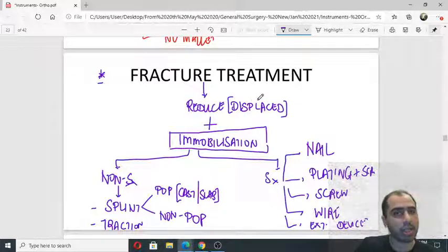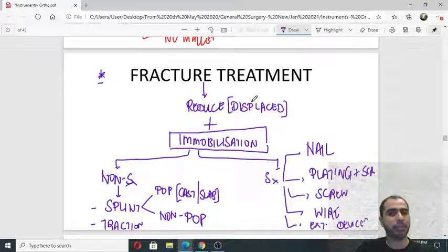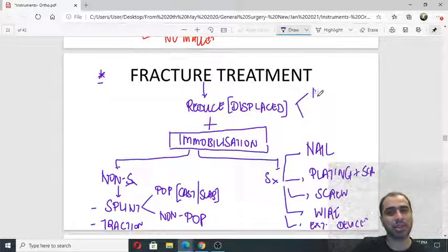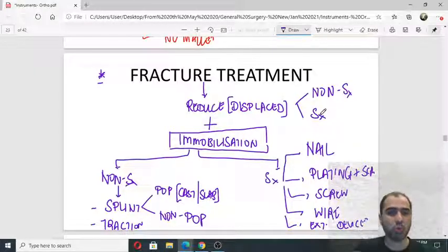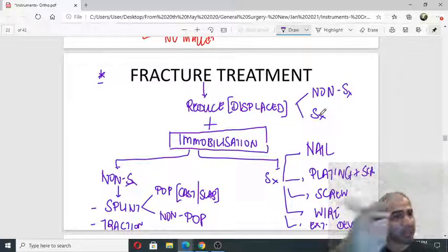Sometimes the reduction requires to be done surgically. So how we reduce, that will again be surgical or non-surgical. That is not the bone of contention here. The bone of contention here is these nails plates that I am putting after reduction.